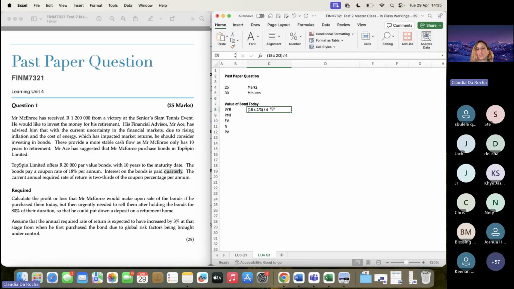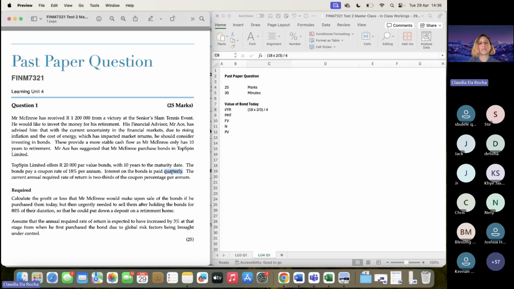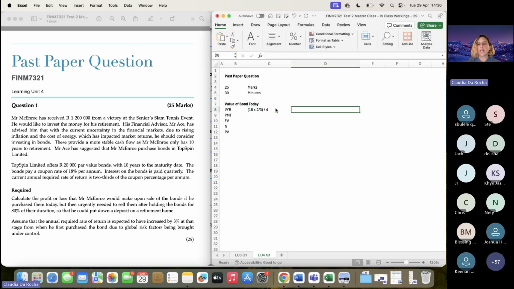Remember I said to you, I prefer not to use the period per year on your calculator. I want to divide the interest per year by the compounding period. The compounding period, or the M, is 4 because it says paid quarterly. Okay, so if I calculate that, it's 3%. That's the answer that I get.